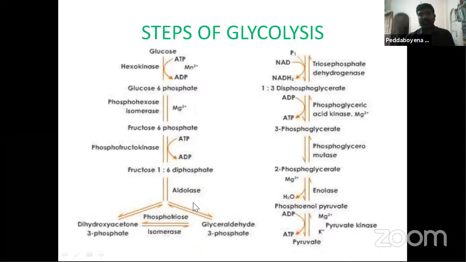Now two molecules of glyceraldehyde 3-phosphate are formed. In this reaction, inorganic phosphate comes to the glyceraldehyde 3-phosphate and it is converted into 1,3-bisphosphoglyceric acid.